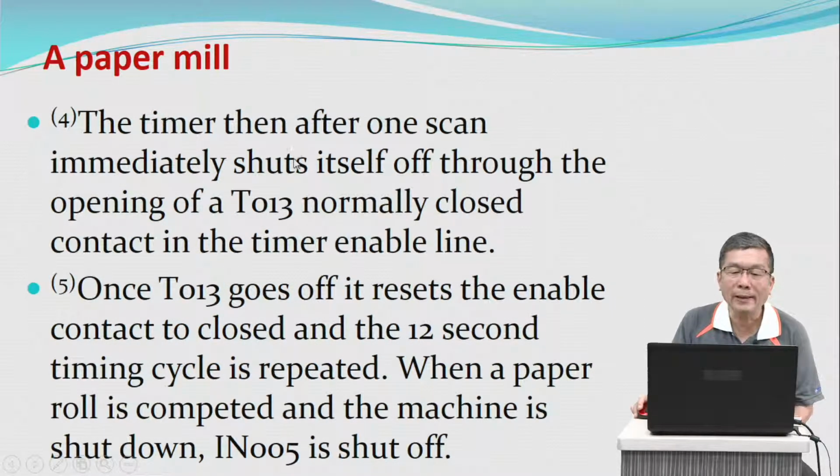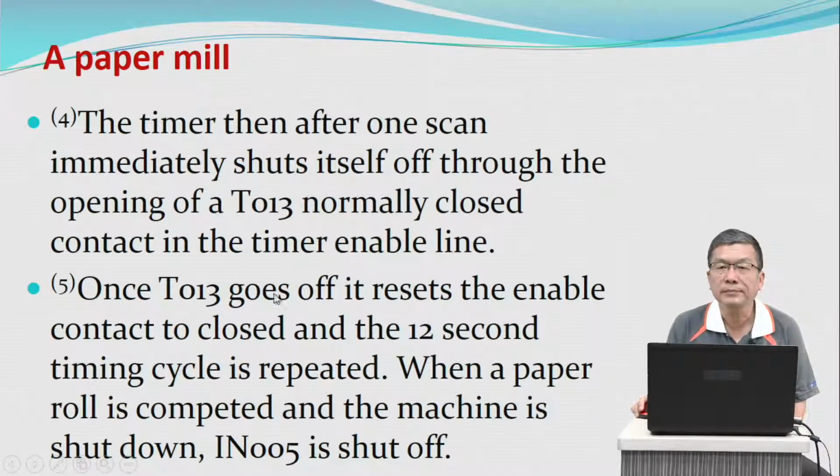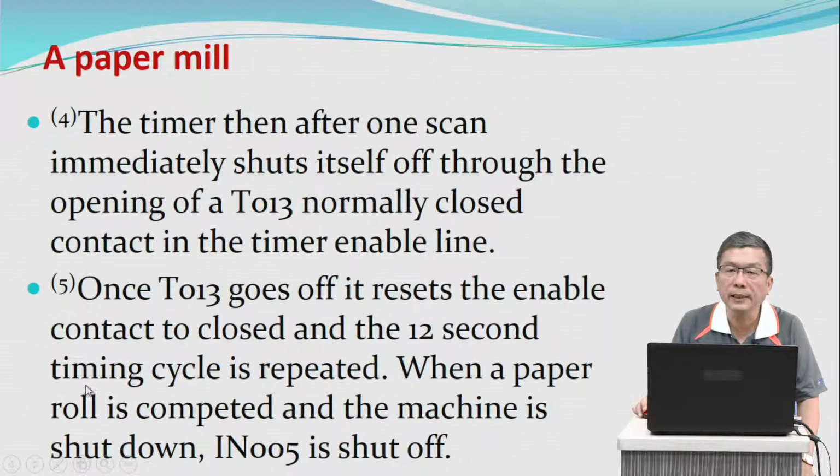The timer then, after one scan, immediately shuts itself off through the opening of the T013 normally closed contact in the timer enable line. Once timer T013 goes off, it resets the enable contact to closed, and the 12-second timing cycle is repeated.